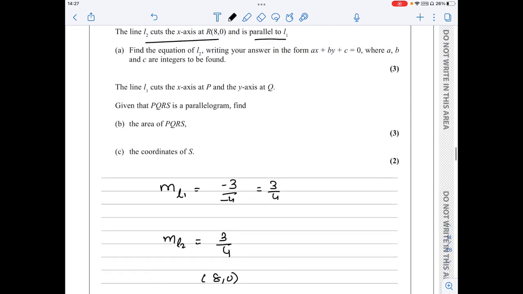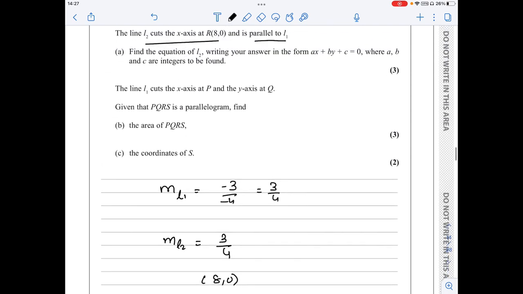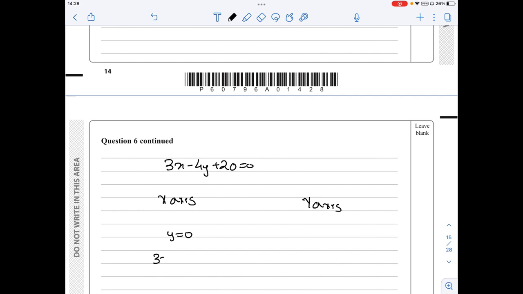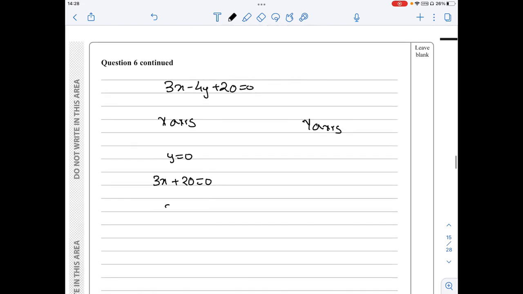Next, the line L1 cuts the x-axis at P and the y-axis at Q. L1 is 3x minus 4y plus 20 equals 0. X-axis means y equals 0, so 3x plus 20 equals 0, so x equals negative 20 upon 3.